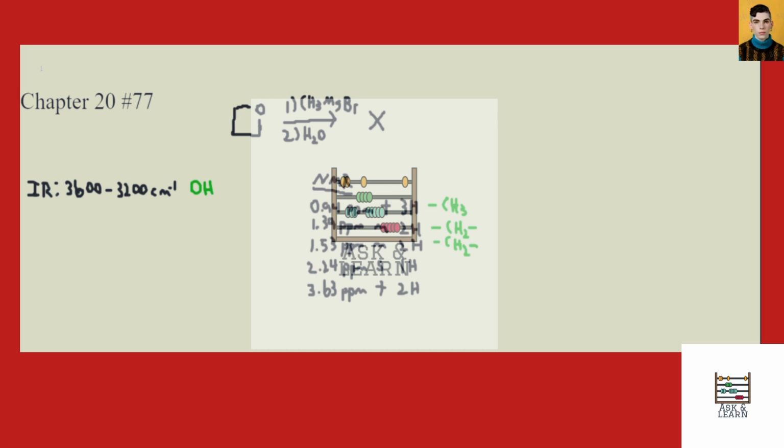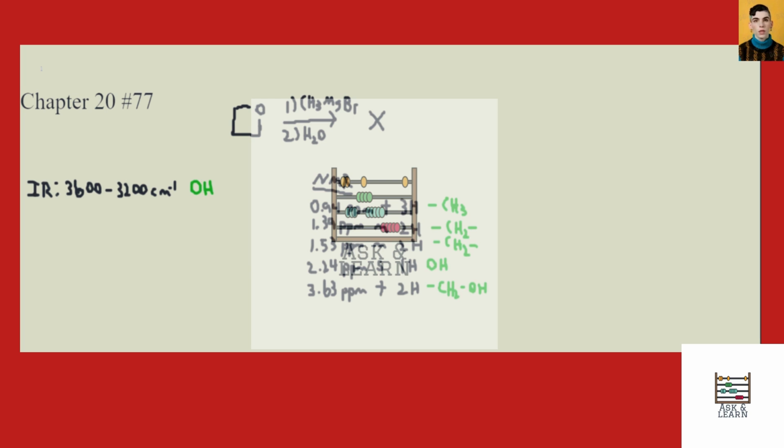So I'm going to tentatively say that this is the hydrogen on our alcohol. And then we have a 3.63 ppm triplet that integrates to 2. So this is another methylene. And I'm going to say that this is the methylene that is bound to the alcohol. And that's why it's so far downfield, because it's deshielded by the alcohol.